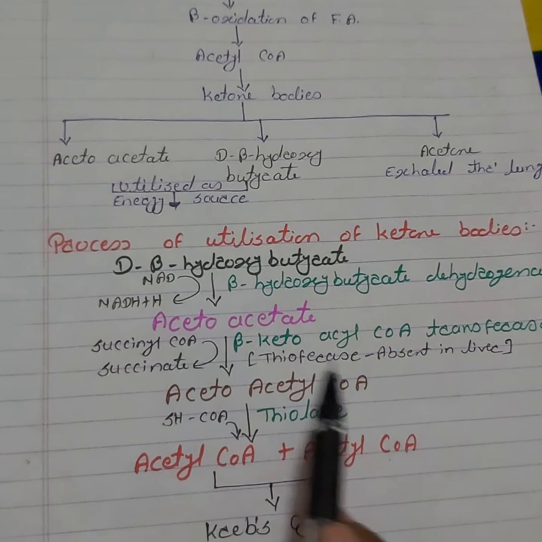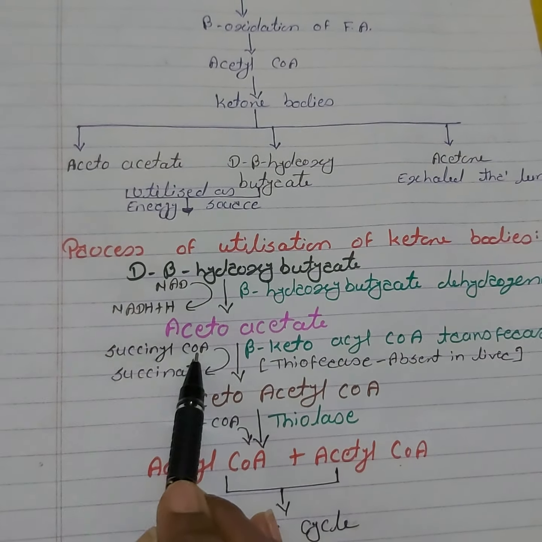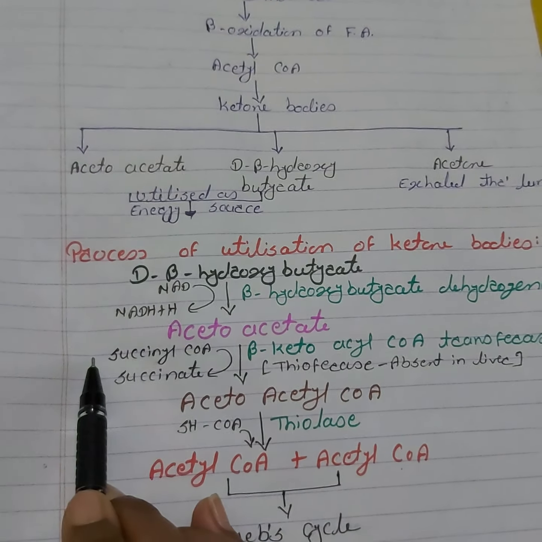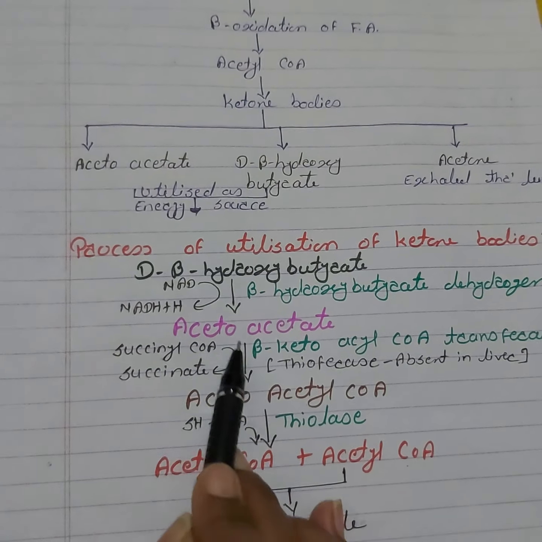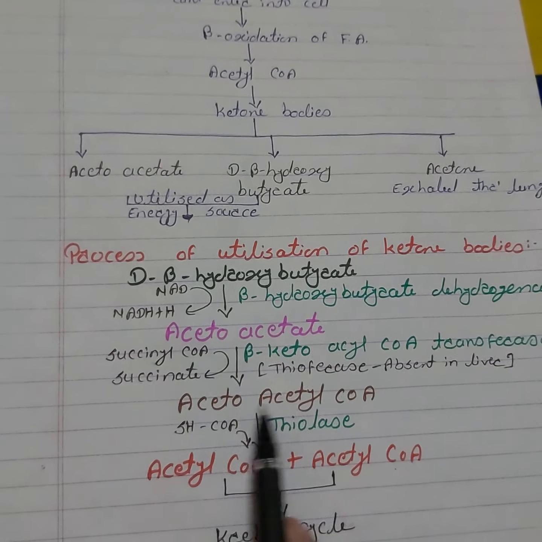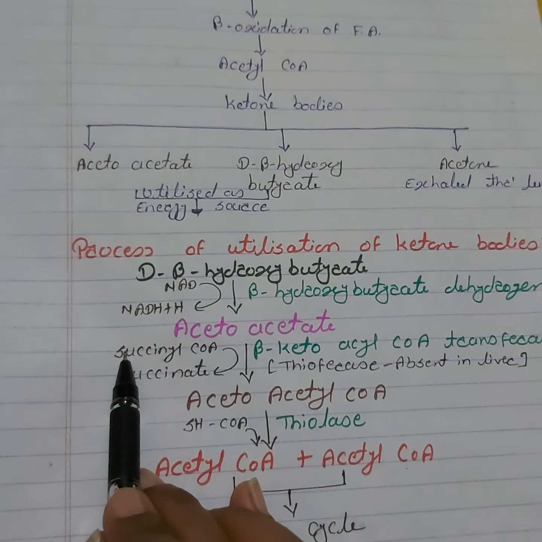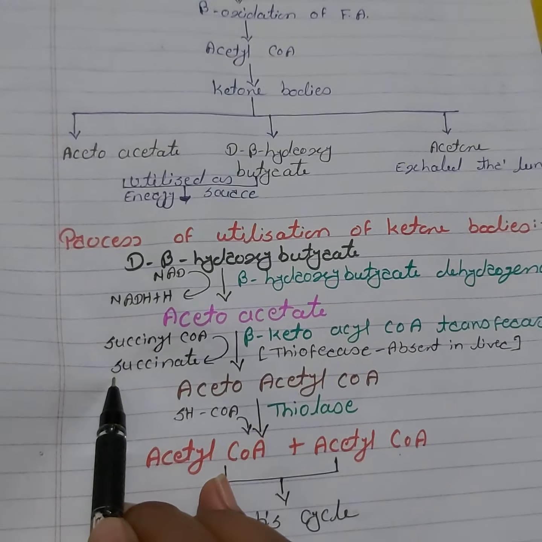This will be obtained from succinyl-CoA. A molecule of CoA will be released from the molecule of succinyl-CoA and will get attached to the acetoacetyl-CoA, and succinyl-CoA will get converted into a molecule of succinate.